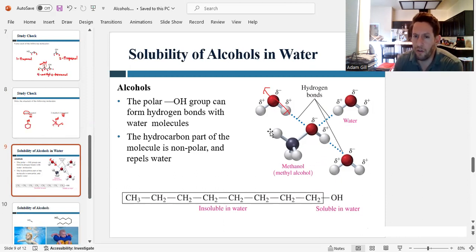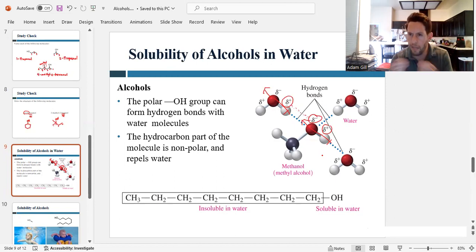Now, if you have an alcohol molecule here, it has a similar dipole. That OH bond is very polar, and so you end up with the partial negative and the partial positive side. Well, that partial negative wants to line up to the partial positive of the nearby water. It's an electronic attraction.